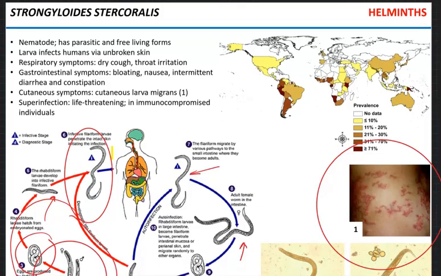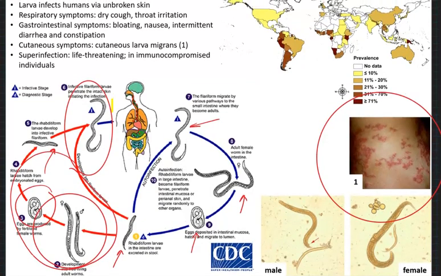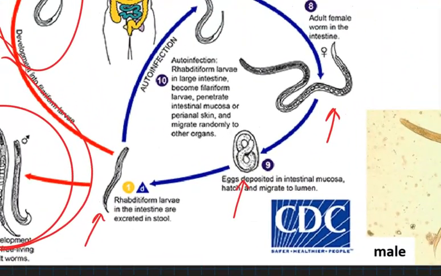Not great. But if you become, for some reason, immunocompromised, for instance, you go through some immunosuppressive treatment, the number of larvae that are generated in your gut can become so large, so vast, that they will start infecting organs systemically. Systemic strongyloidiasis is a life-threatening condition.